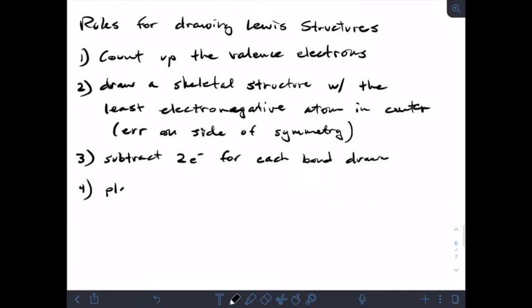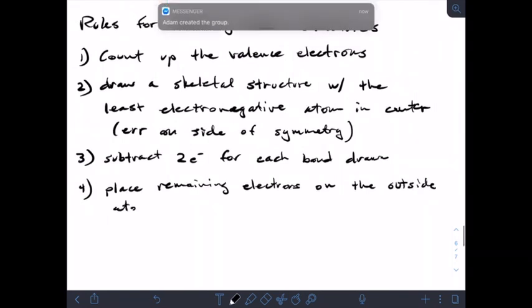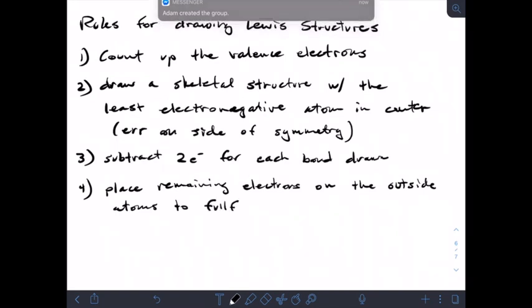Step 4. Place any remaining electrons on the outside atoms to fulfill your octets.